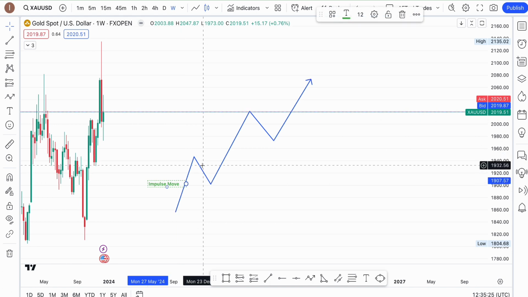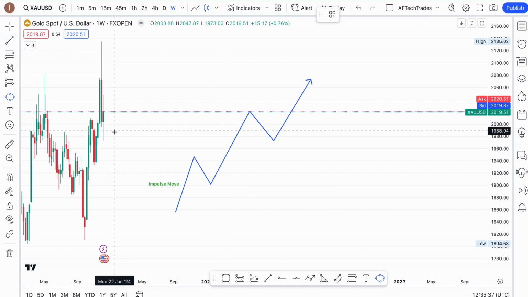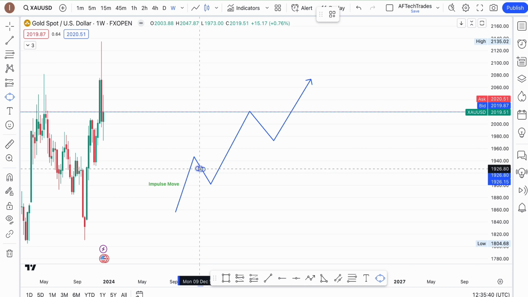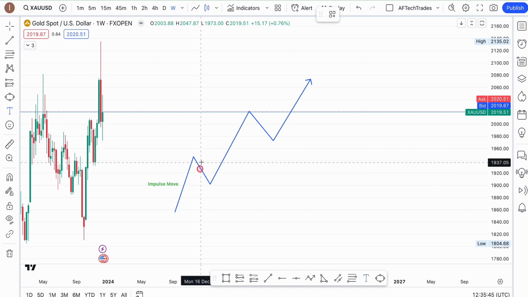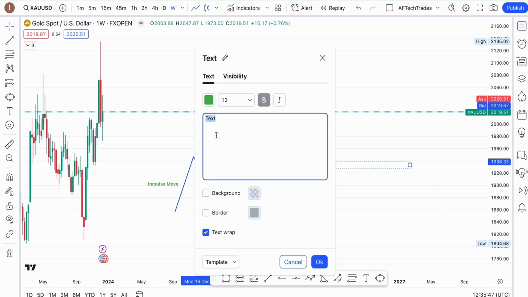Then this is our pullback. Let me draw an arrow. This particular place here is our pullback, right? You can call it pullback or retracement. That is why it is called a Fibonacci retracement.